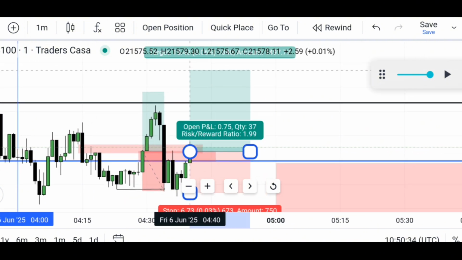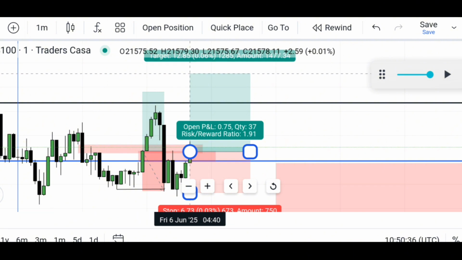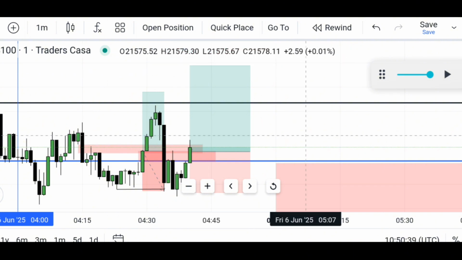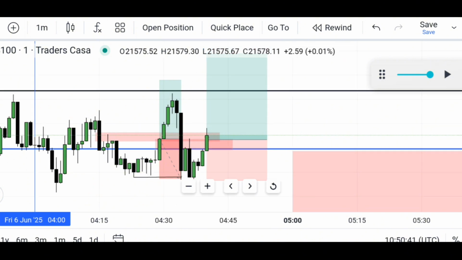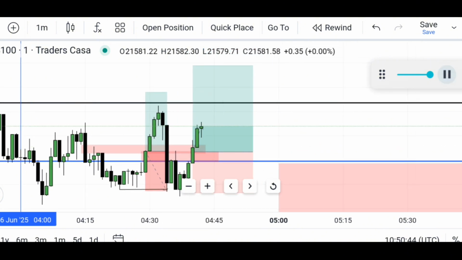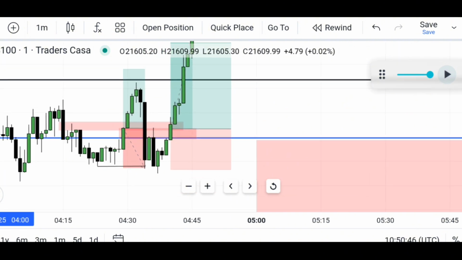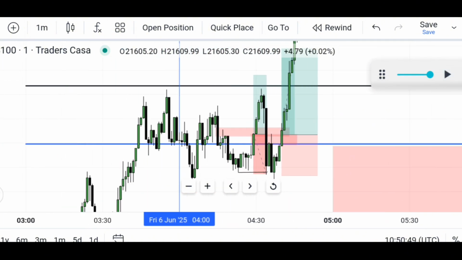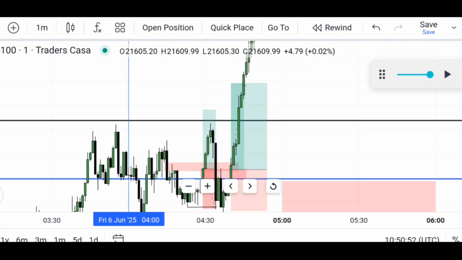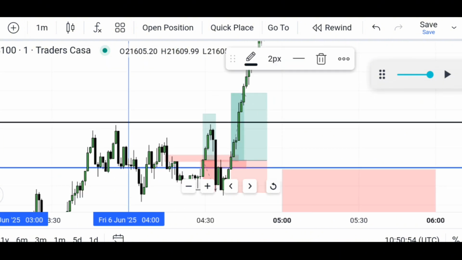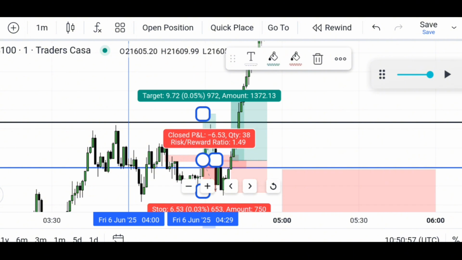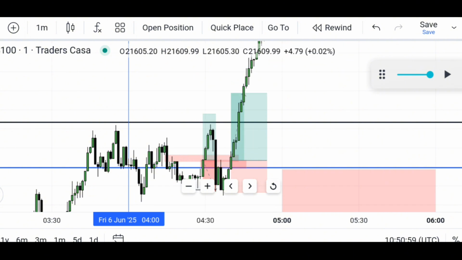This is actually a 1 to 2 target. So let's see how price goes. Okay, as you can see, the reason why I've done a 1 to 2 target is to recover this loss, right? And that's how I actually backtest, and that's how I actually trade as well.